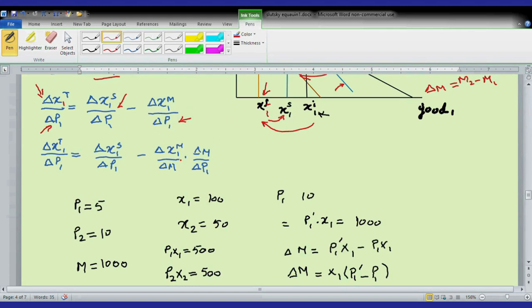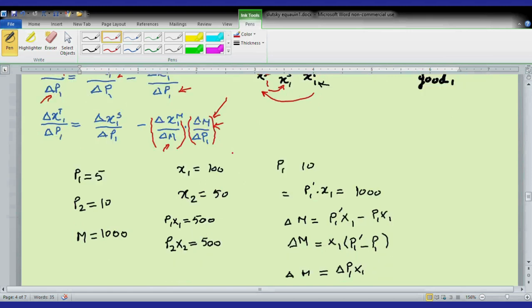Now what we have done in this later equation is that we have divided and multiplied the last term by delta M, so the equation still remains unchanged, and then we have rearranged it a little bit so that we have these two terms. When we look into these terms separately, we will be able to interpret them as well.